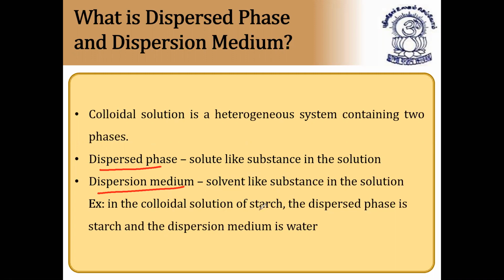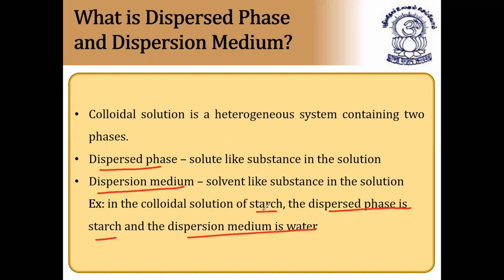In the colloidal solution of starch, the dispersed phase is starch and the dispersion medium is water. Water is big in quantity and starch is lesser in quantity. We could call it solute and solvent, but as they form a colloidal solution, it is not a true solution.